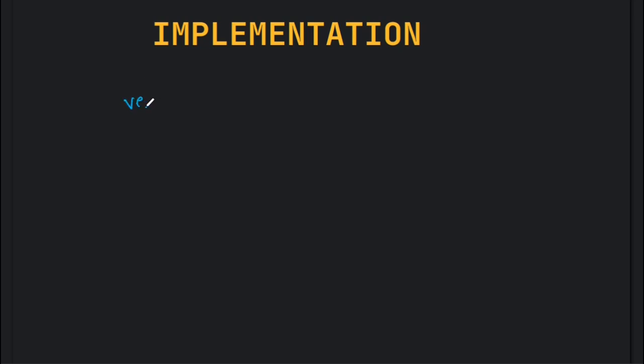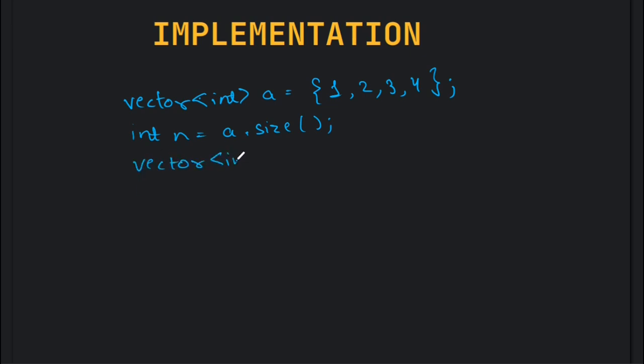We can start with creating an array of integers, or we can similarly take the input from the user itself, right? Let's keep the size in a variable, a dot size, and let's create a partial sum vector, and its size will be equal to n, the size of the array.